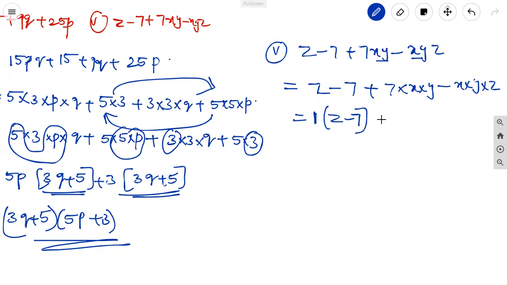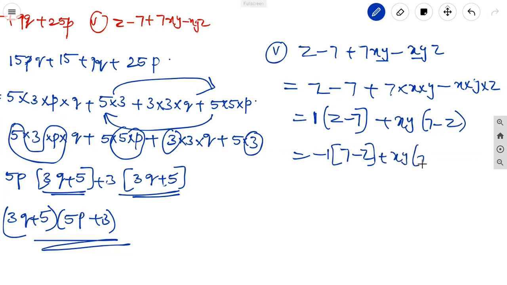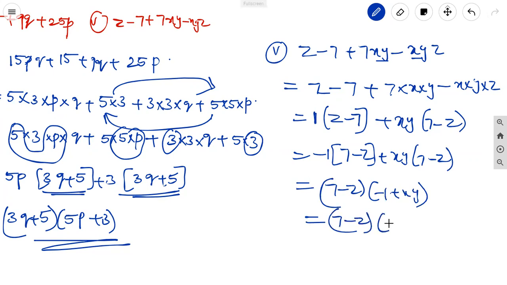Here plus xy is common, 7 minus z. Here minus z is there, so we take minus 1 common, then it becomes 7 minus z plus xy into (7 minus z). Taking common 7 minus z, it becomes minus 1 plus xy. So we can write it as (7 minus z) into (xy minus 1).